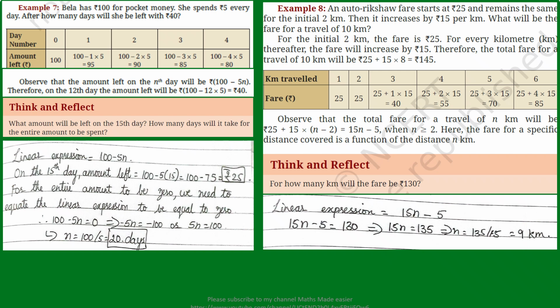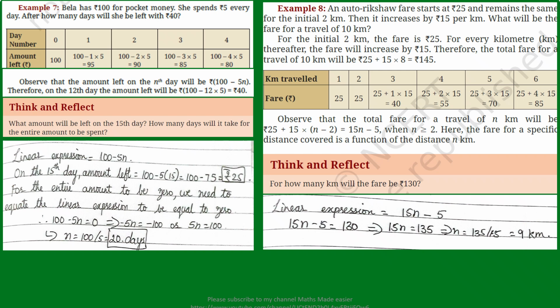So how many kilometers will the fare be 130? What is 130? It is the value to be equated. You should know where to replace this particular value. If they had asked how many kilometers, they are asking for the number of stage, which is nothing but n.